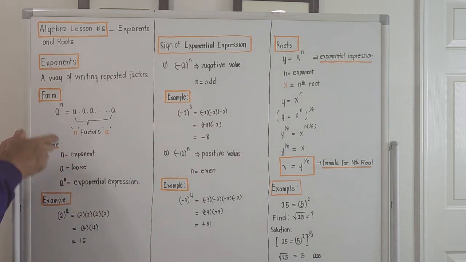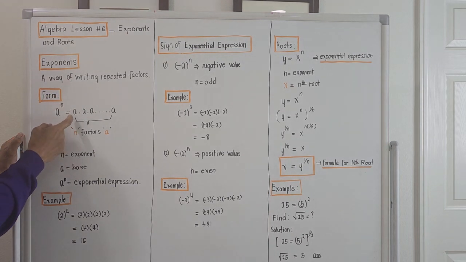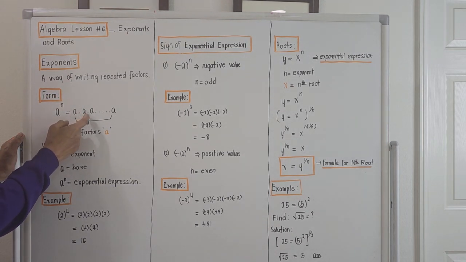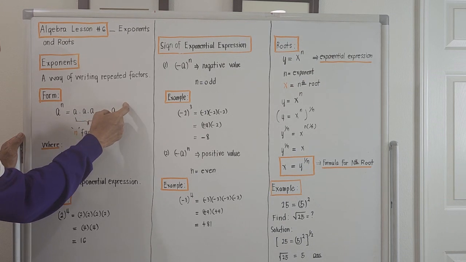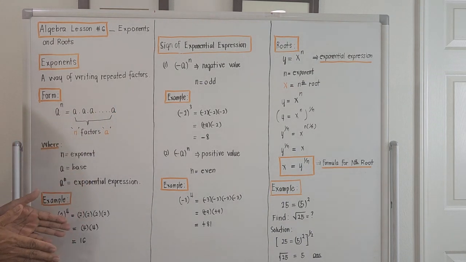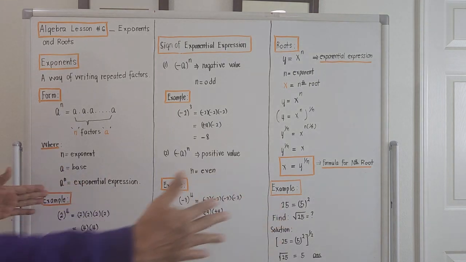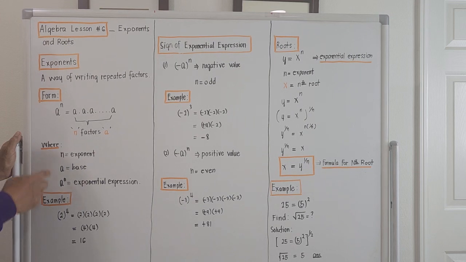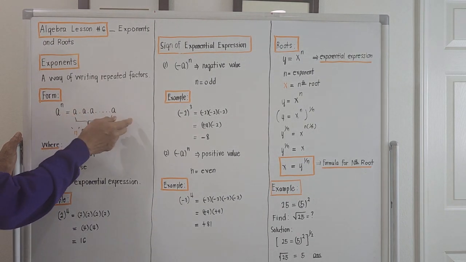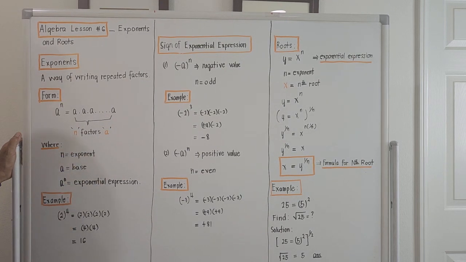The form will be something like this: a raised to n will be equal to the product of a times a times a times a, where n could take any value, from 1 to maybe infinity. These factors on the right are actually the n factors of a.